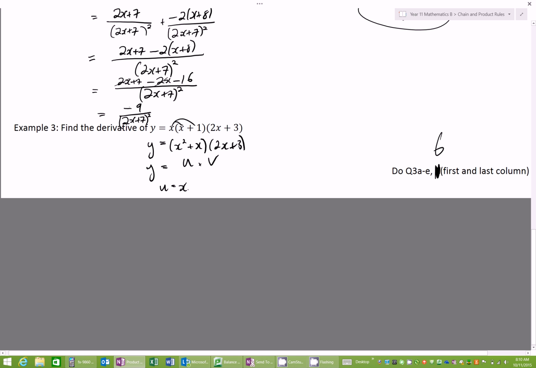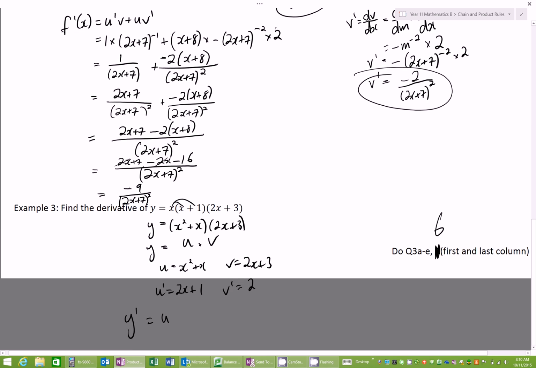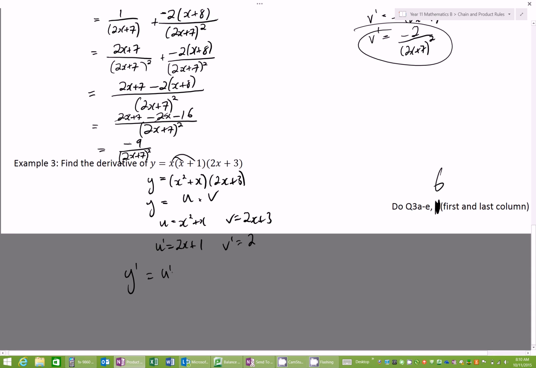U is x squared plus x, v is 2x plus 3. I can find the two derivatives, pretty straightforward. 2x plus 1, and the derivative of 2x plus 3 will just be 2. So my derivative, just make sure I use the same notation all the time, u dash v plus u v dash.